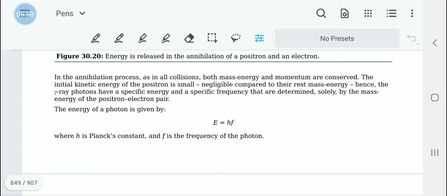Both mass, energy and momentum are conserved. So the mass energy of the positron-electron pair would provide the energy and the momentum of the resulting photons.